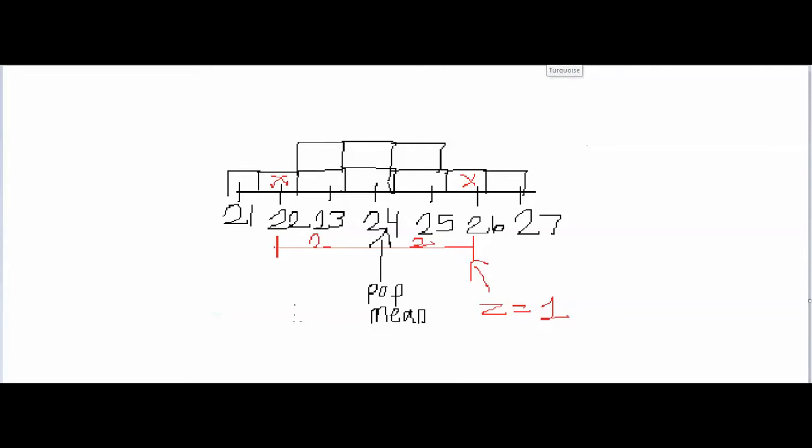The distance from the population mean to the boundary points of the middle 60% is our 60% margin of error. These two samples here, meaning these two numbers, 23 and 25, marked off the boundaries of the middle 60% because inside of here we have 1, 2, 3, 4, 5, 6 out of the 10 possible samples.